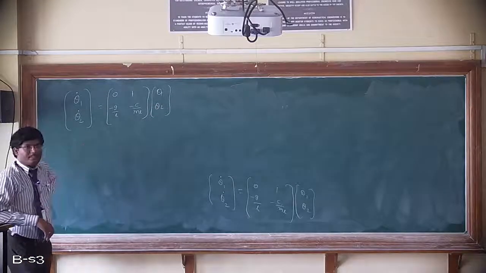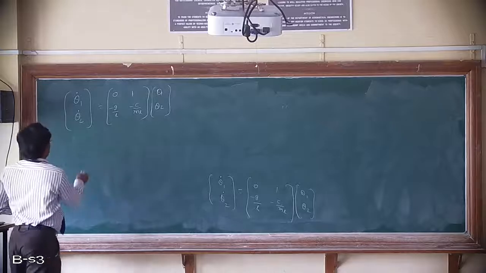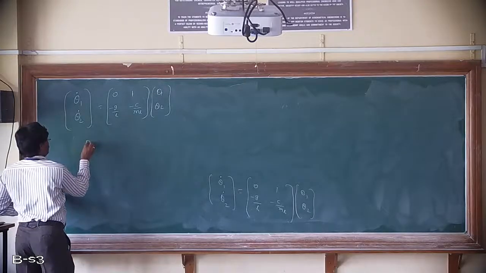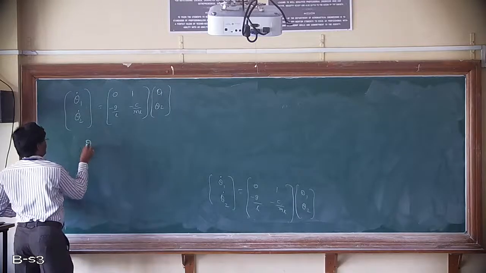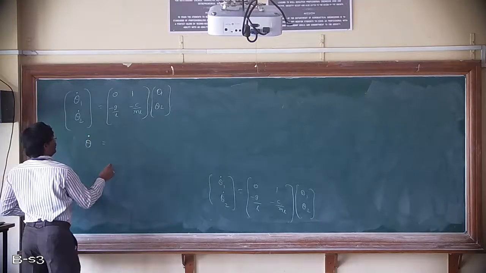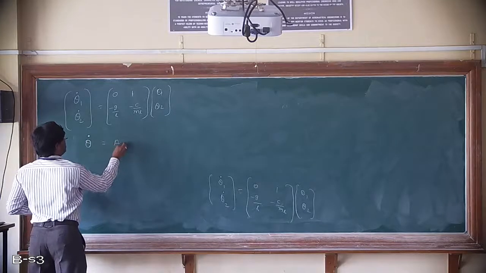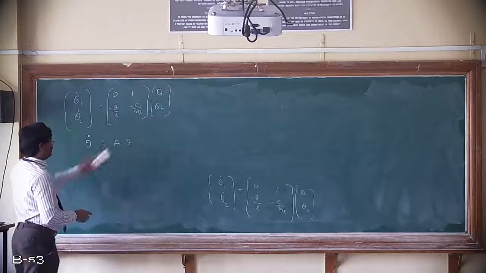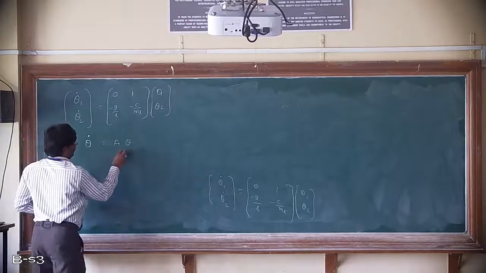Is it clear? If you observe this, it is in the form of theta dot is equal to some A matrix into theta. So this A matrix order is 2 by 2.